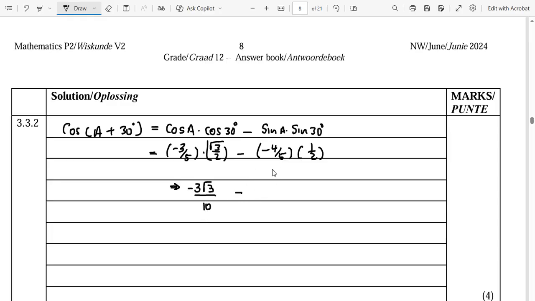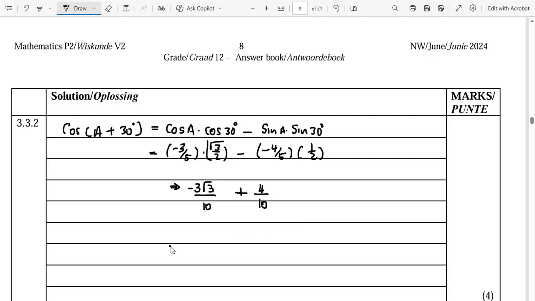Then minus 4 times 1, that's minus 4, over 10. Since the negative cancels, this will be positive, which gives us 4 over 10. Now the denominators are the same.